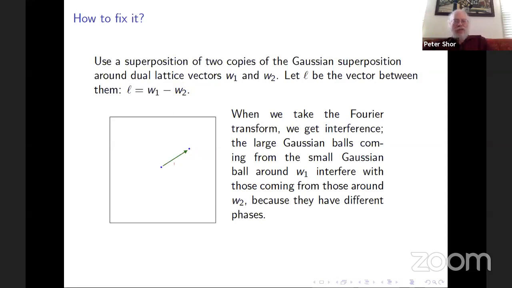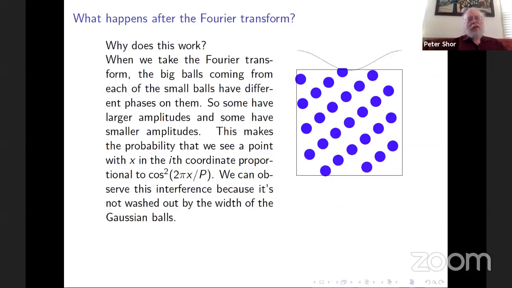And what that means is that the phases from the small Gaussian ball around W1 interfere with the phases from the Fourier transform of the small Gaussian ball around W2. Each of these big balls has the same phase on each point, and it comes from the actual lattice point that the small ball was around.